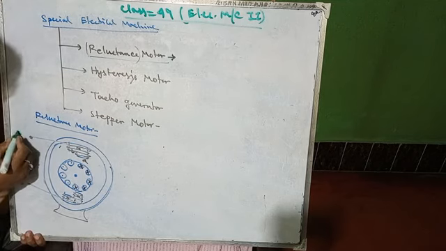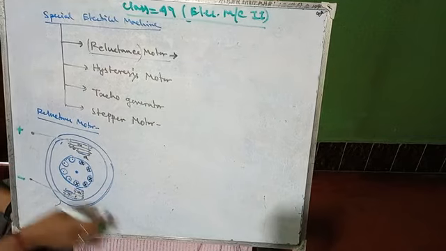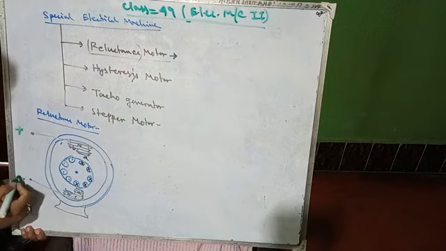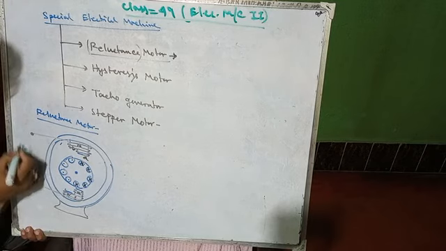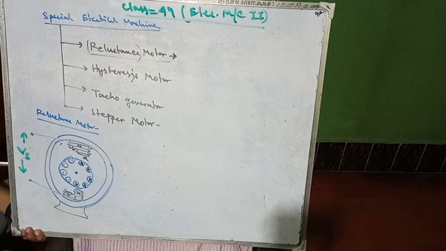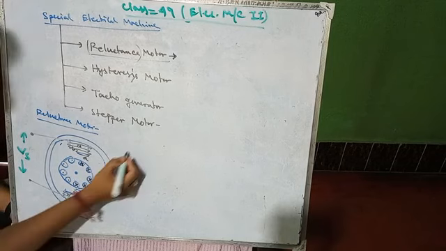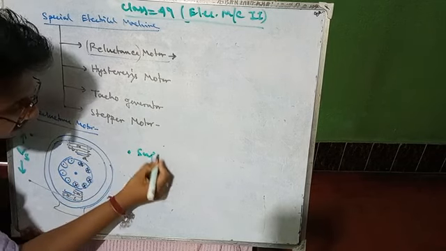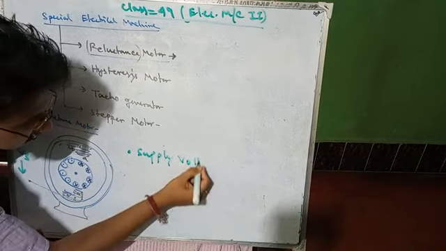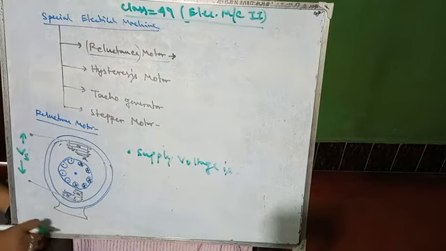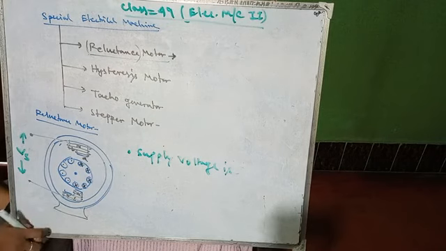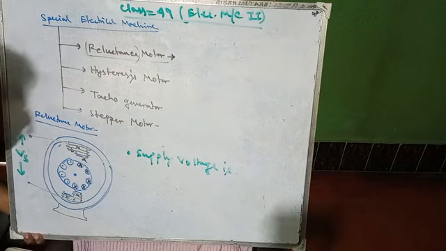Suppose DC excitation is given here, or no need to write the DC, just write Vs. Supply voltage is given to the stator, that is the field windings.